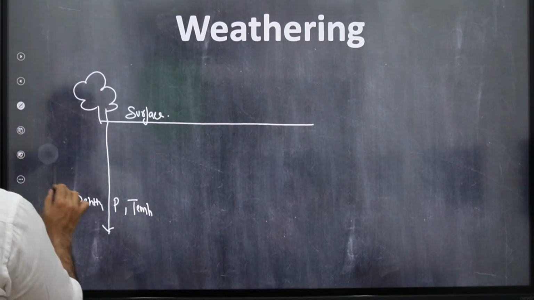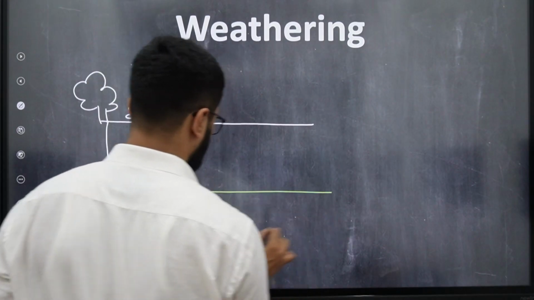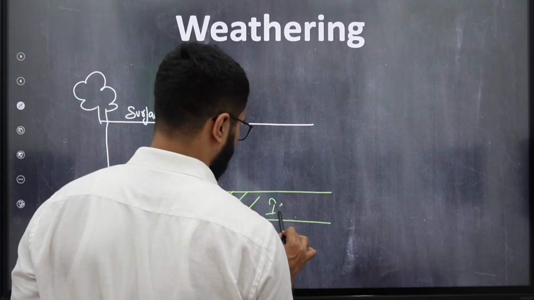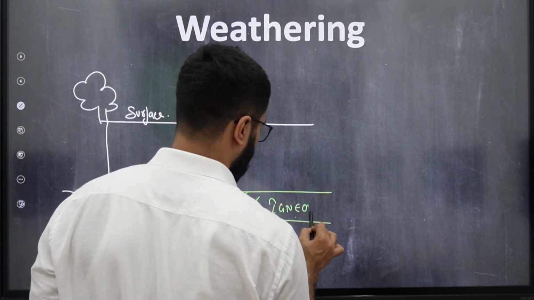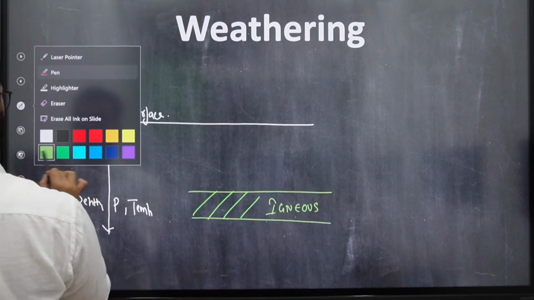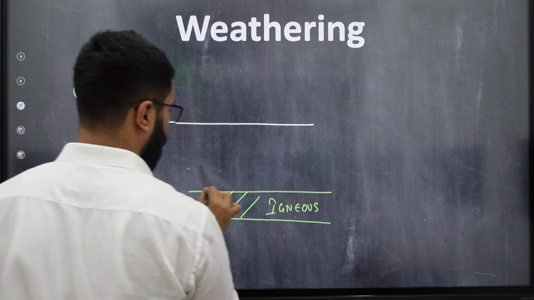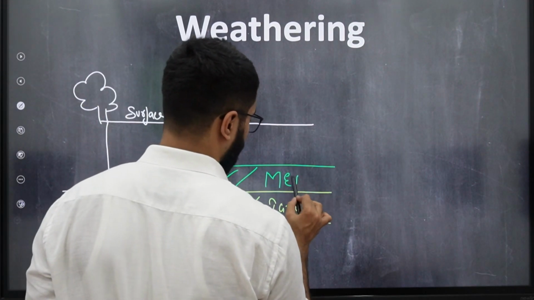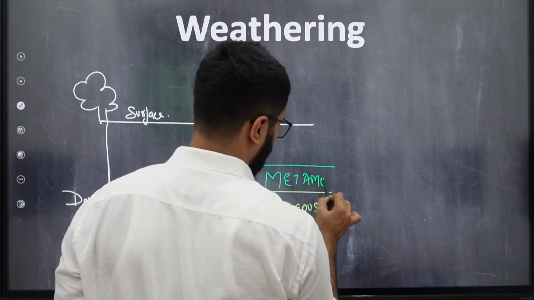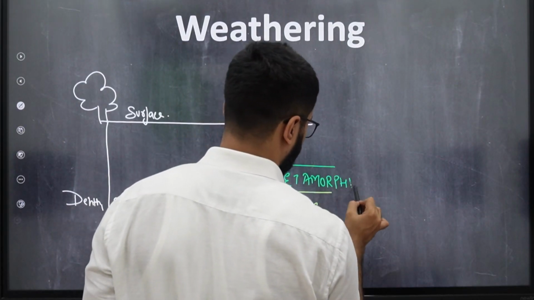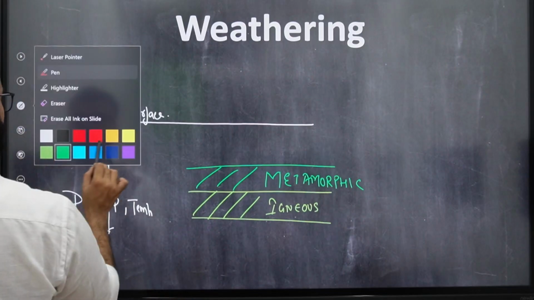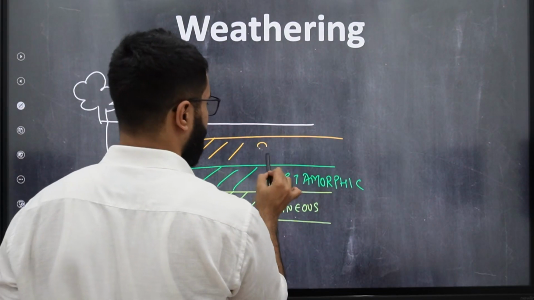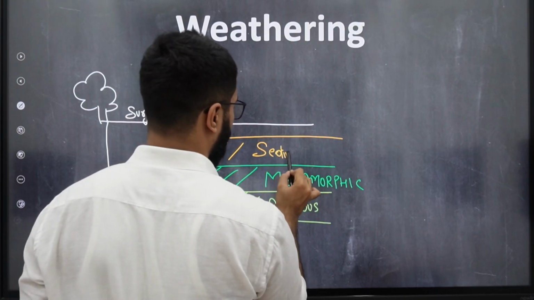You are aware that at greater depths, igneous rocks are generated. At somewhat shallower depths, metamorphic rocks are generated. At even shallower depths, but at depth, sedimentary rocks are generated.